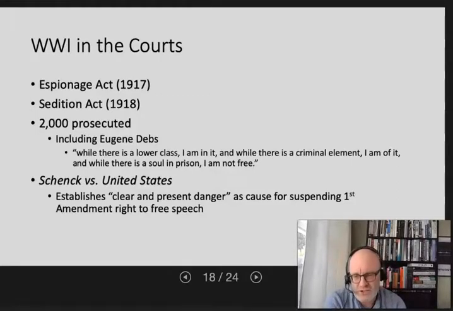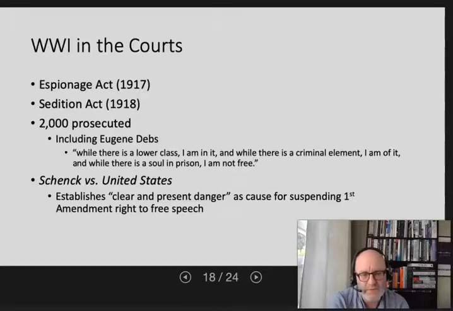The Schenck decision establishes a clear and present danger: if an act, a piece of writing, something else constitutes a clear and present danger to the state, it can be targeted for censure.